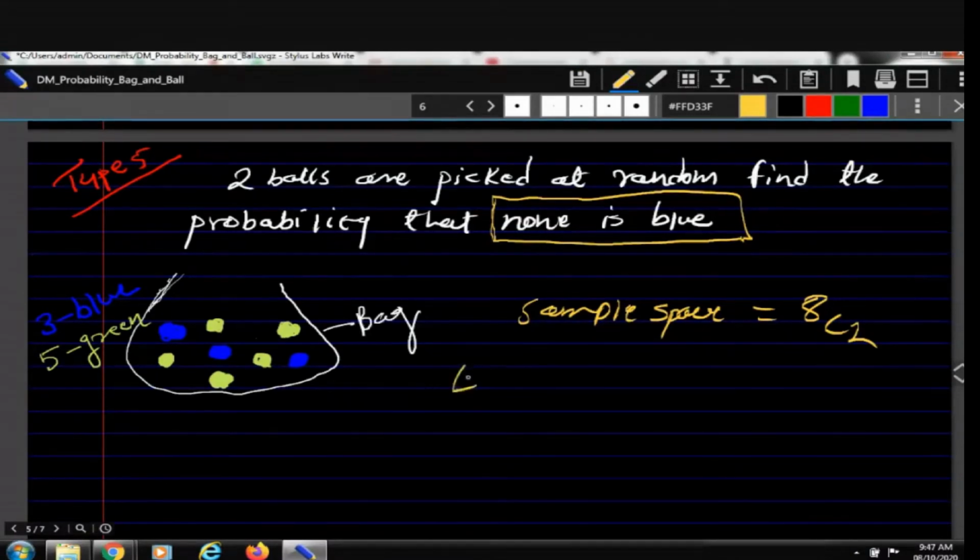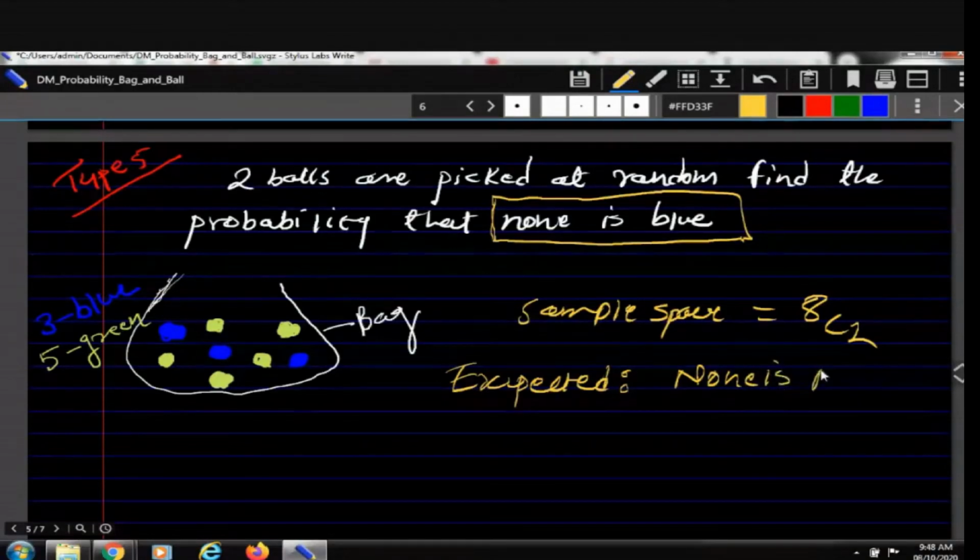And the expected outcome: what is expected? None is blue. That means you have to select blue balls as 0. So how many green balls will you select? You will select both the green balls because there should not be a blue ball.